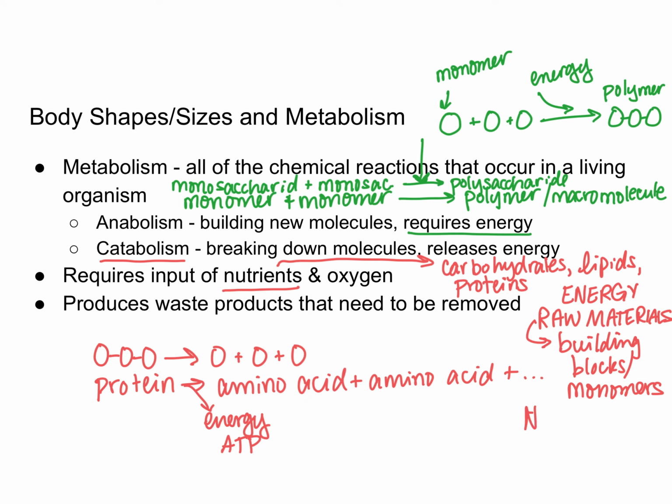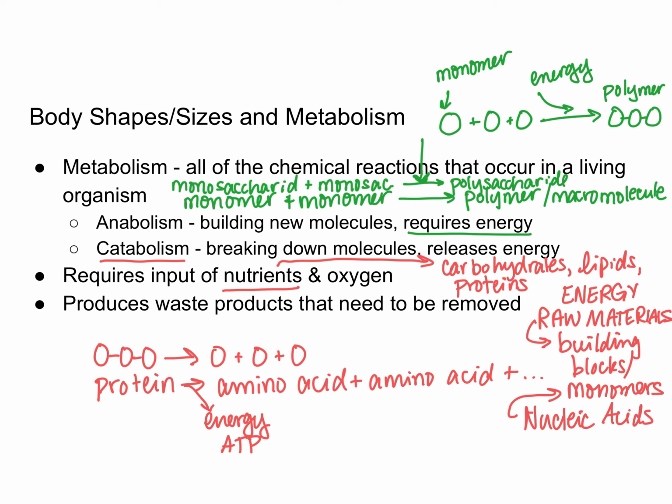We can also use nucleic acids. We don't get energy from nucleic acids, but we do get those building blocks. For example, when your cells need to go through mitosis, they first have to replicate their DNA so that each new daughter cell produced has a set of chromosomes.